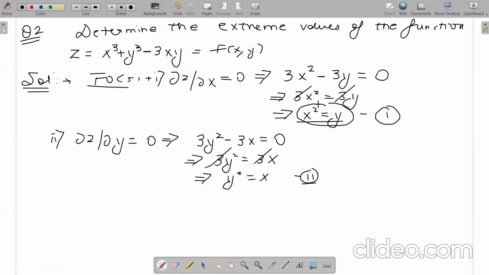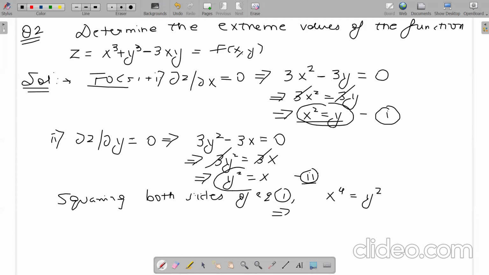So if I square both sides of equation 1, I get x to the power 4 is equal to y square. And what is y square? Y square itself is equal to x. So x to the power 4 is equal to x, since y square is equal to x from equation 2.